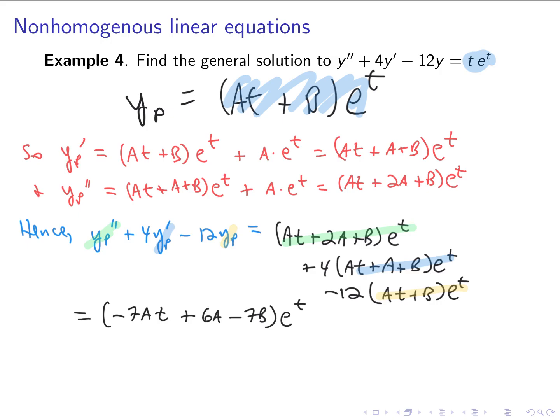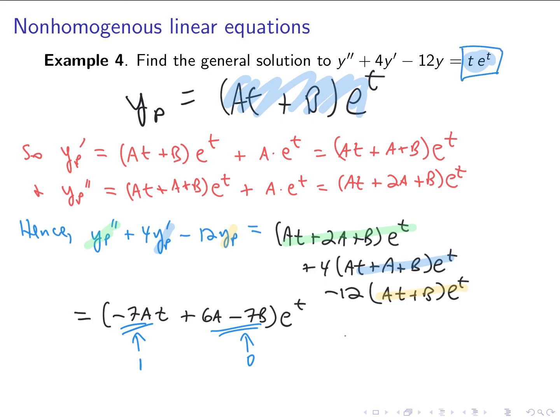Same thing with the constant terms: the a constant terms add up to 6, and the b constant terms add up to minus 7. So the left-hand side becomes just this thing. Again, it's a linear equation times e to the t, as we thought. And then to get it to match up, I need this part to be 1, and I need this part to be 0. If that first part is 1 and the second part is 0, then I will have exactly t e to the t left.